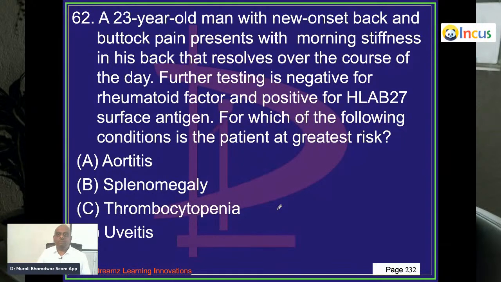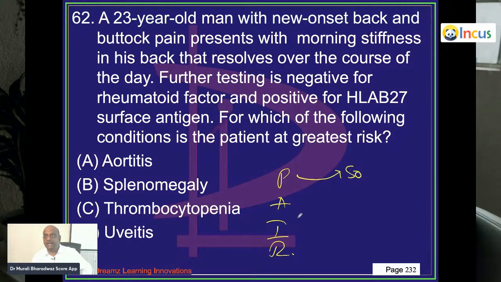A 23-year-old man with new onset back pain, buttock pain, morning stiffness in his back, HLA-B27 is positive. Come on. What is your diagnosis? Ankylosing spondylitis. Good, Tej, I am proud of you. What is the PAIR in seronegative spondyloarthropathies?